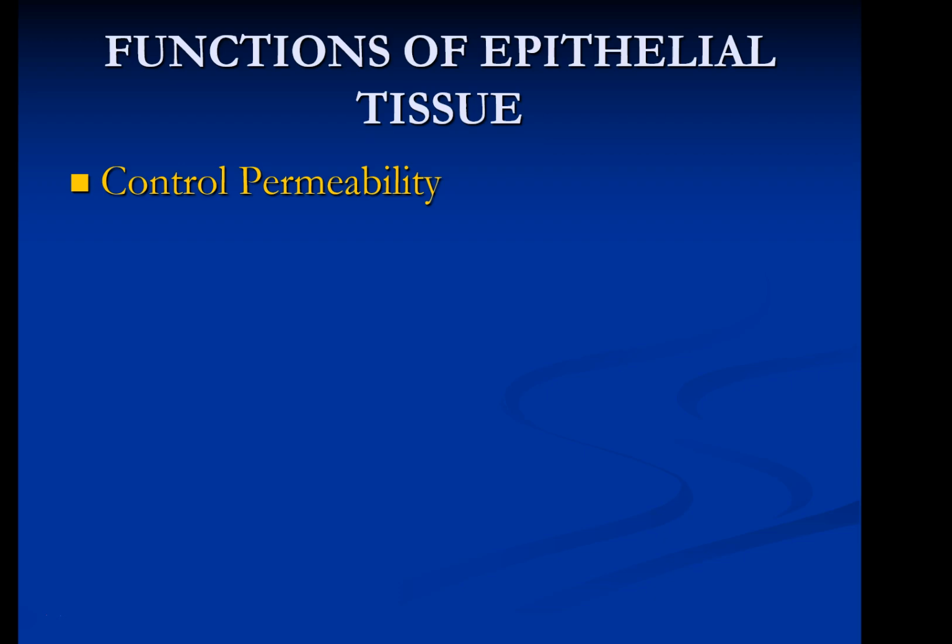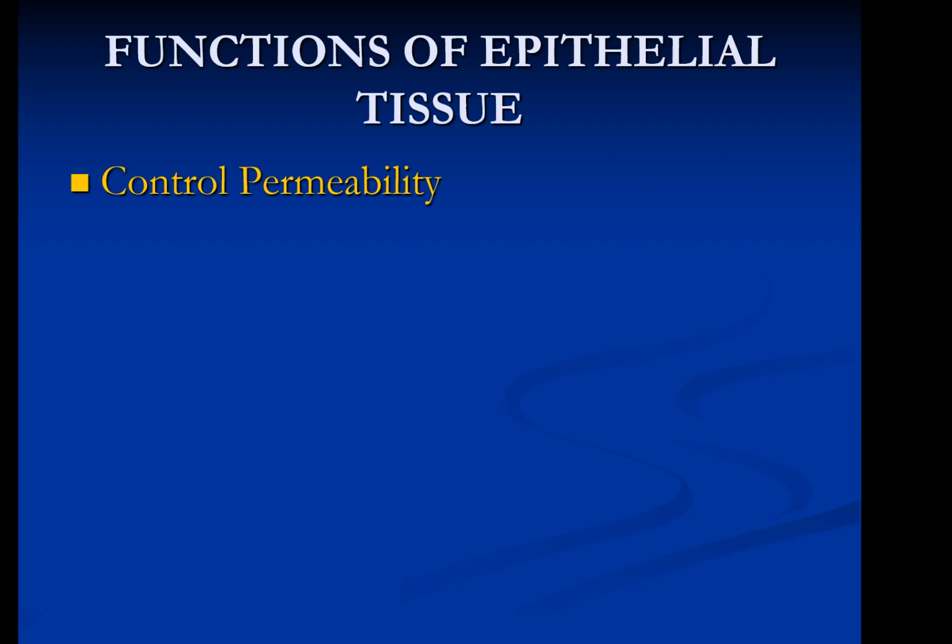So we're going to have epithelial tissue lining the outside of our body for one, and lots of cavities inside our body to control what moves in and out of the cavity, what moves in and out of our body. Okay? So our skin, the outer portion of that's an epithelial tissue. Okay? So when I get in fresh water, that water doesn't seep into my body and I swell up like a grape.